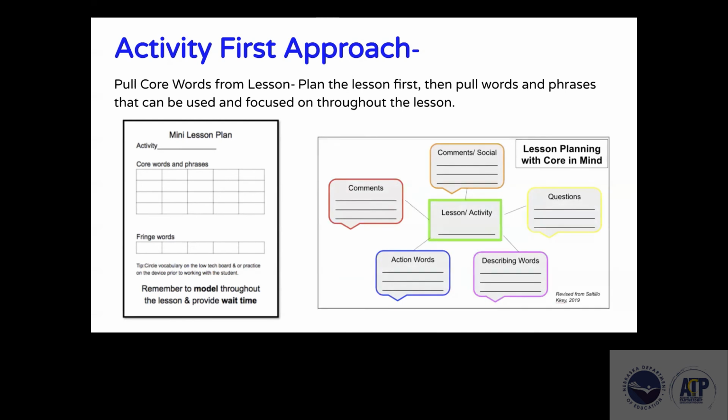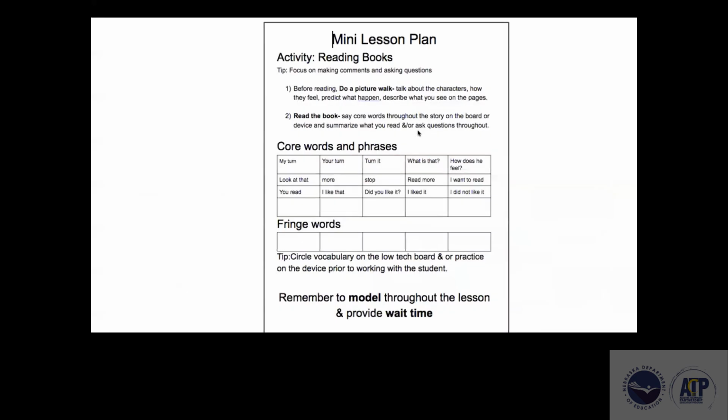And what I did was I revised it from Saltillo's, which you'll see in a moment, which you can pull right off their website. But we made it a little more simplistic for our staff. So you write the lesson or activity in the middle, and then you write core phrases that will go well with that lesson or activity in each one of these boxes. So comments and social, questions, describing words, action words, and comments. And you'll see both of these filled out in a moment.